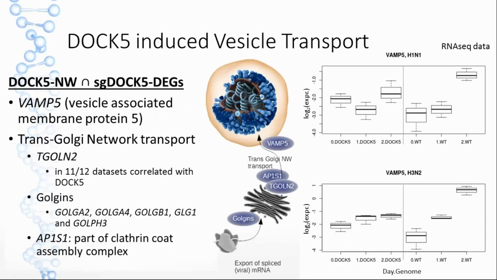And the third large process that we think DOC5 is modulating is this vesicle process and vesicle transport. In particular, we have one vesicle-associated membrane protein 5, which is VAMP5, which is actually highly active and upregulated in the wild type, so again for H1N1 and H5N2, but not active at all in the knockout.